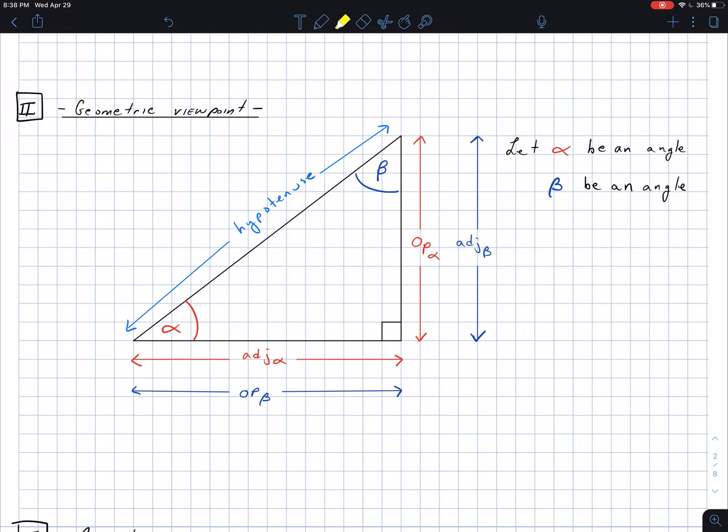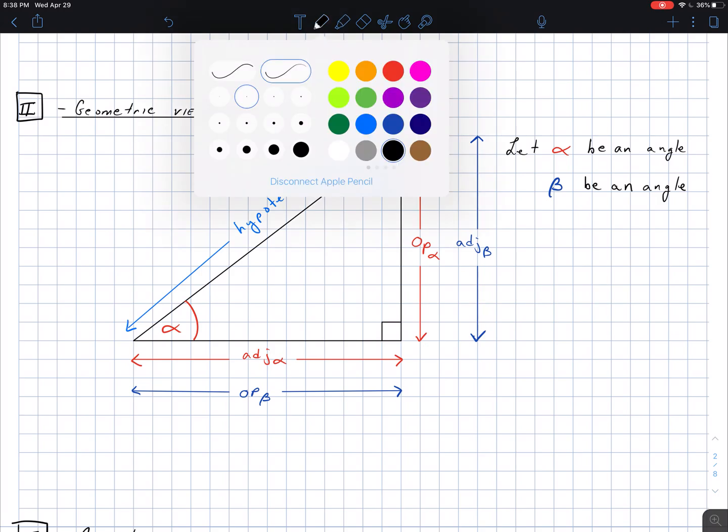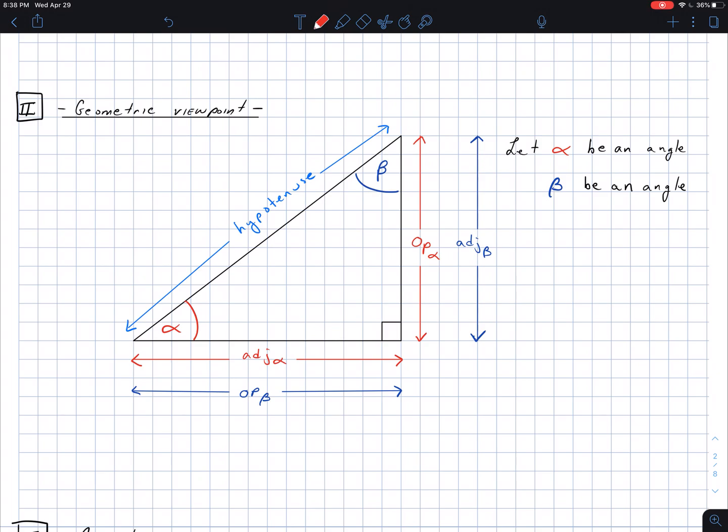We remember a long time ago that the angle really makes the opposite side. So if I look at alpha, I look opposite of that angle, and I've labeled it OP with a subscript alpha. That indicates that that red side is the opposite side to alpha.